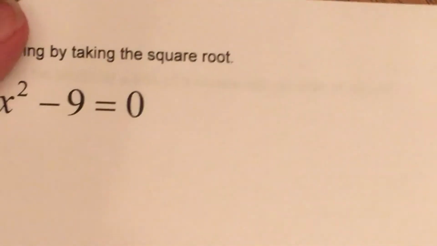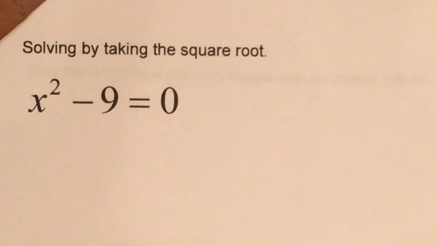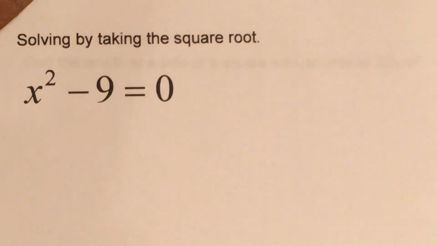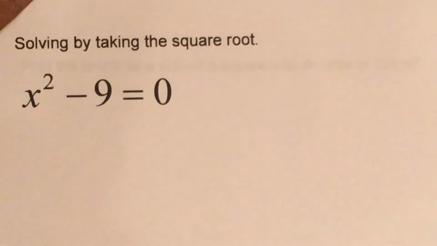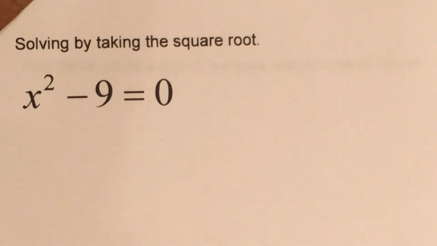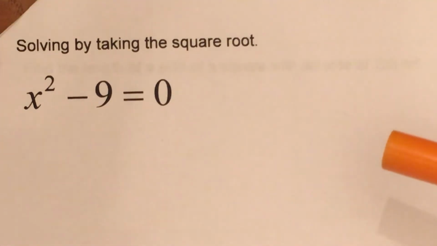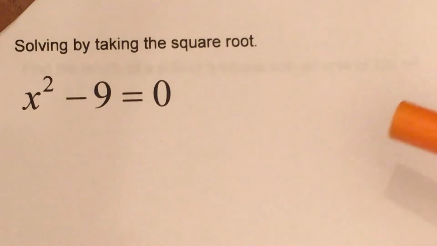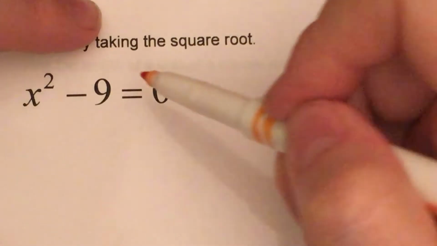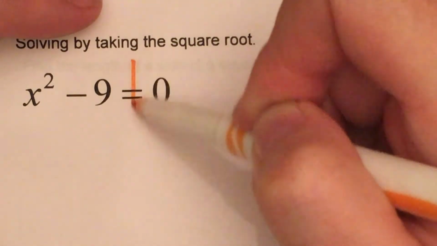All right. So these first examples, they want us to solve them. We're going to go find the x-intercepts, not using a graph, but we're going to just take the square root. How do we do that? Well, using just basic algebra skills of solving for x. So good old-fashioned equation.